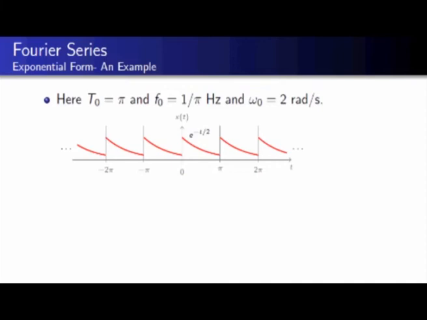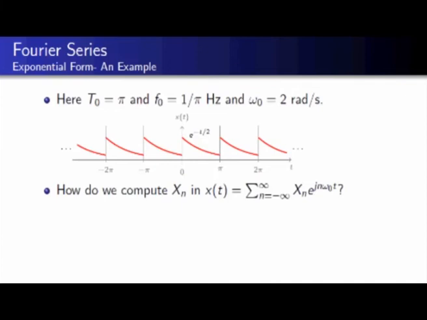And omega naught, which is 2 pi f naught, turns out to be 2 radians per second here. So omega naught is quite nice. For this periodic signal, where an exponentially decaying part is repeated periodically, I know the values of t naught, f naught and omega naught.